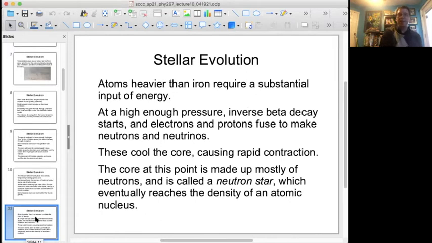So you wind up having a core made up entirely of neutrons, and the neutrinos get released. But as the neutrons start forming, this cools the core, causing a rapid contraction. So the core at this point is made up mostly of neutrons and is called a neutron star, which eventually reaches the density of an atomic nucleus. An atomic nucleus by itself is very, very dense.